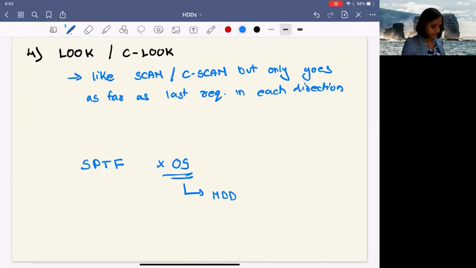So again, feel free to dig more into other scheduling algorithms and do spend some thought on, if you were at this job of designing a better version of existing scheduling algorithms or even a new scheduling algorithm, what changes would you make and why would you make those changes?